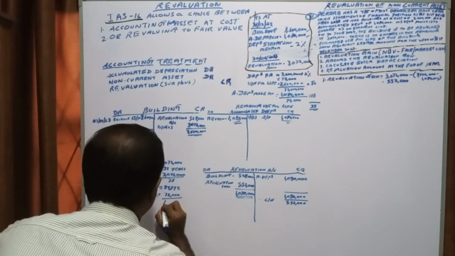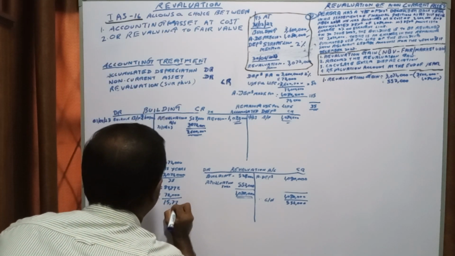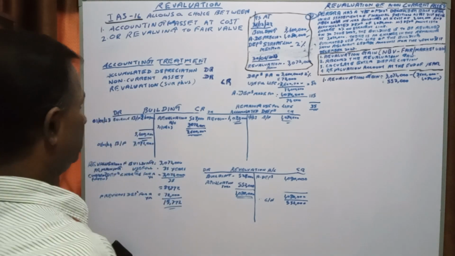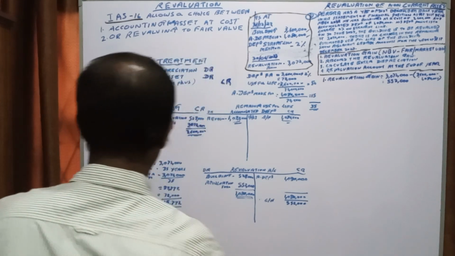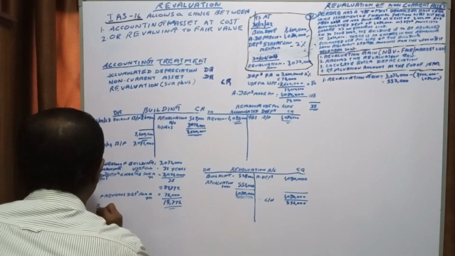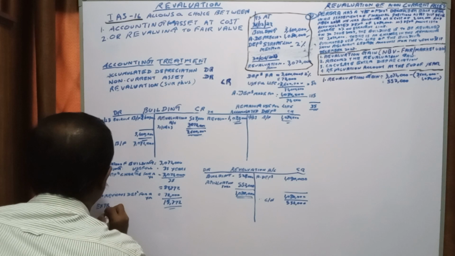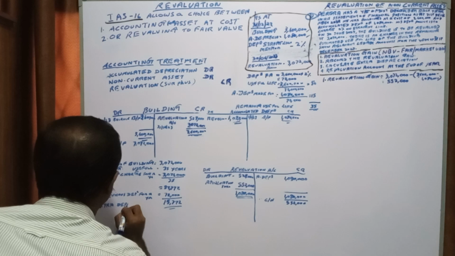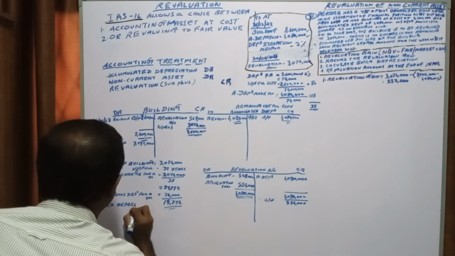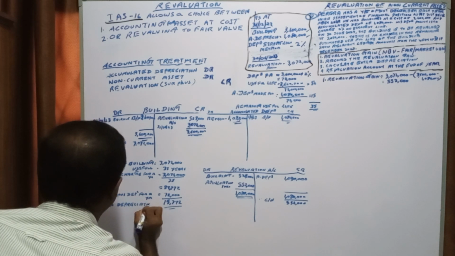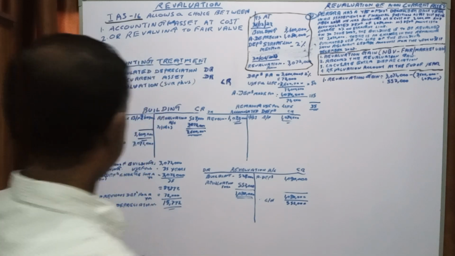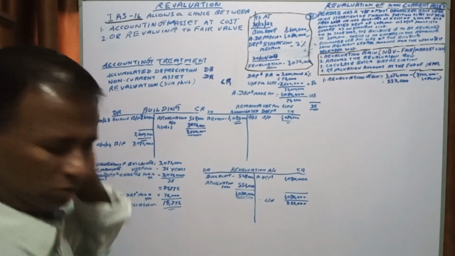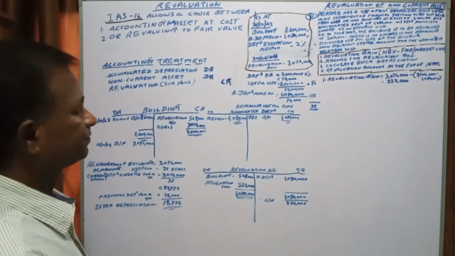Then 15,772 will be the extra depreciation. So you would have understood clearly.